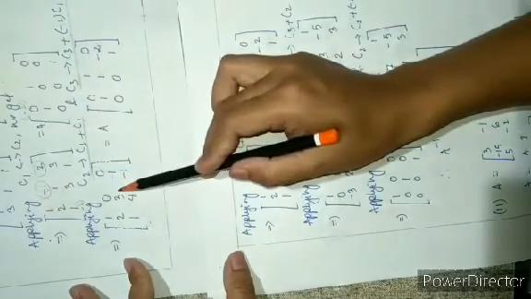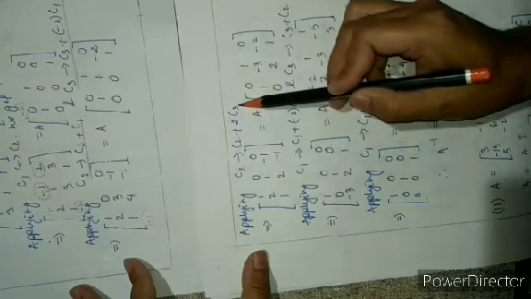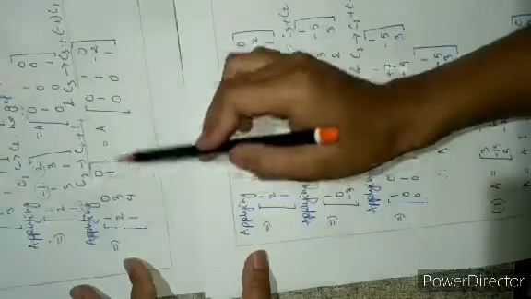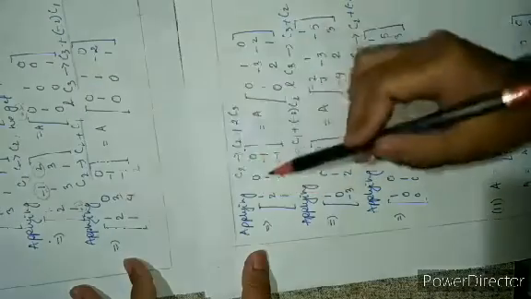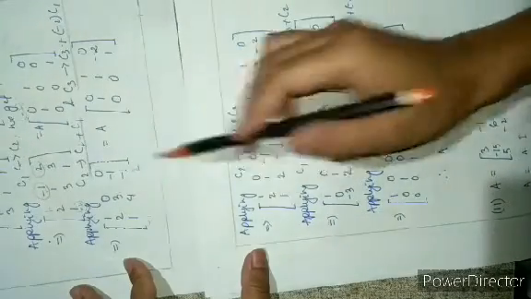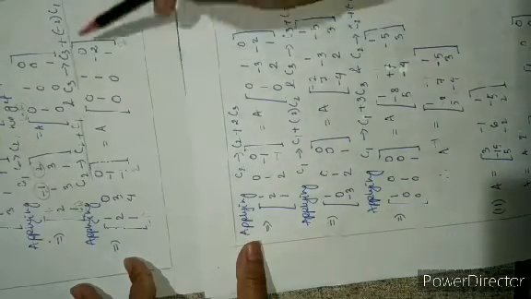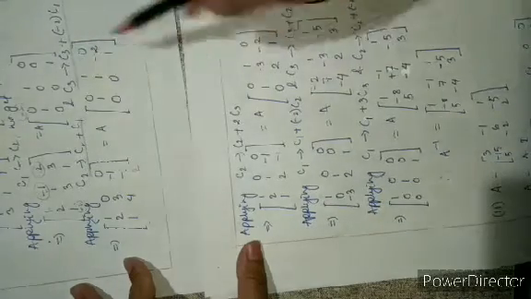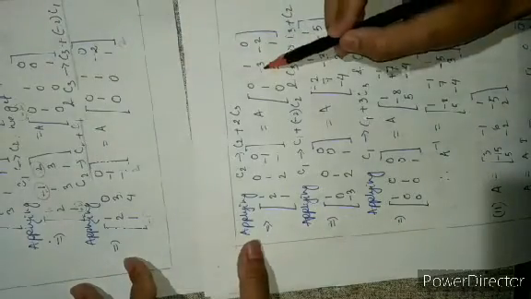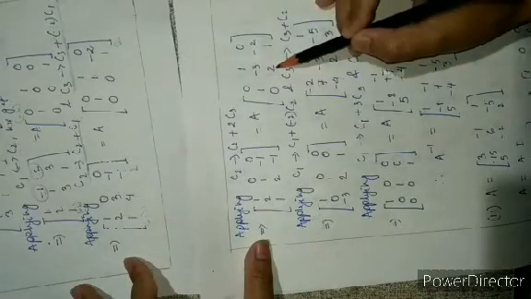Then applying column 2 tends to column 2 plus 2 times C3. Multiply by plus 2: -1 is 0 0, -1 into 2 is -2 plus 3 which is equal to 1. -1 into 2 is -2 plus 4 plus 2. 0 into 2 is 0 plus 1 is plus 1. -2 into 2 is -4 plus 1 which is equal to -3. And 1 into 2 is plus 2 plus 0 is equal to 2.